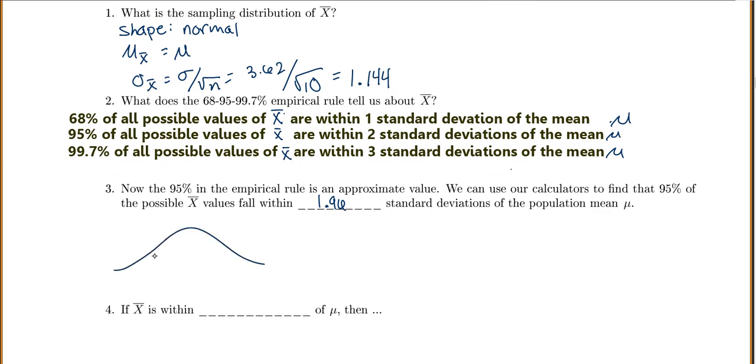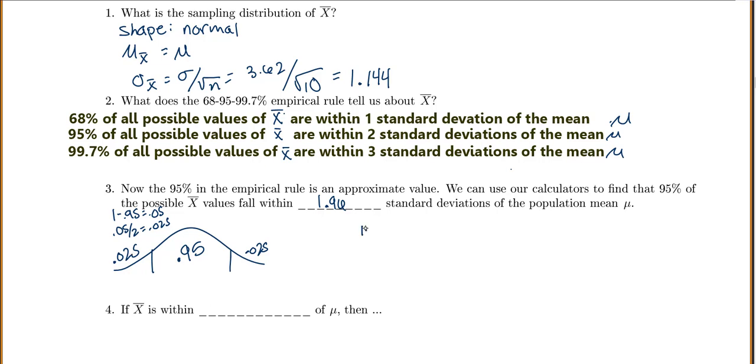So if I want 95% in the middle, that would be 0.95 in the middle. And 1 minus 0.95 equals 0.05. And if I divide that by 2, I get 0.025. So I have 0.95 in the middle and 0.025 in each tail, which is just important if you have an old calculator that won't give you areas in the middle.